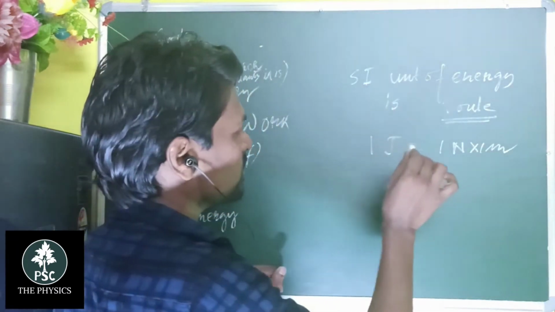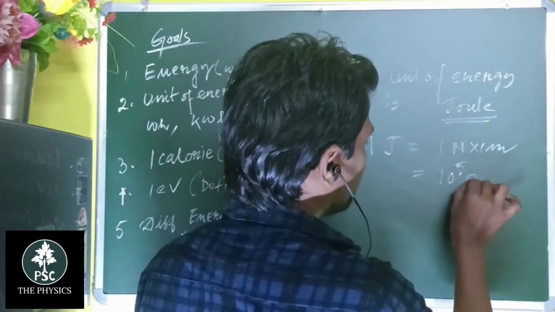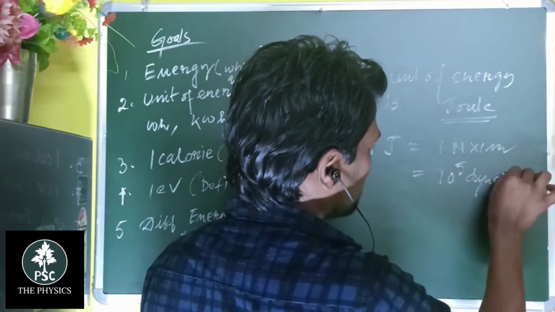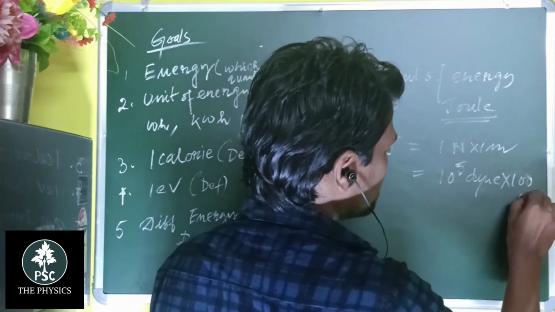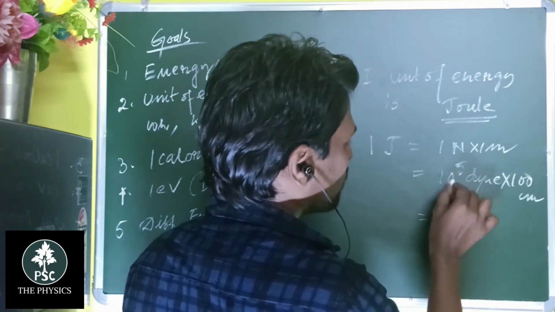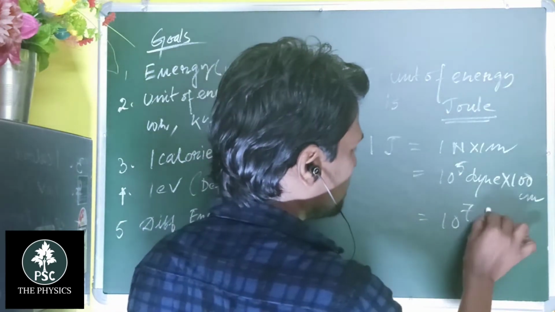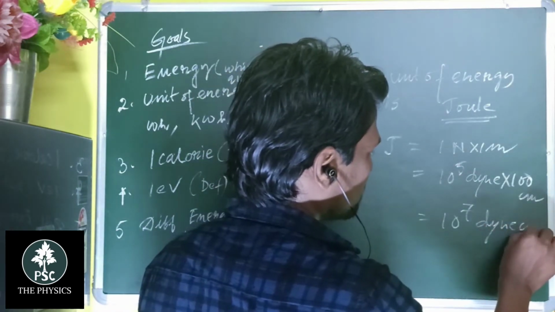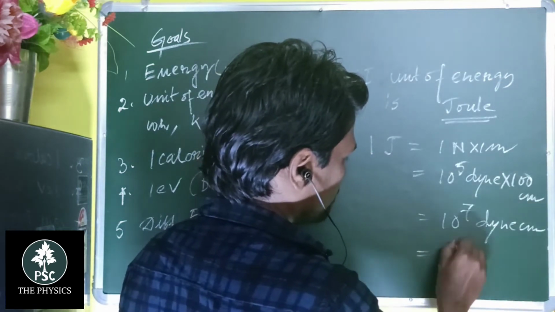So Newton means 10 to the power of 5 dyne, and 1 meter means 100 centimeter. So this is 10 to the power of 5 and then 2, that is 10 to the power of 7 dyne centimeter, or 10 to the power of 7 erg.